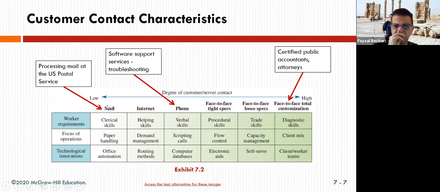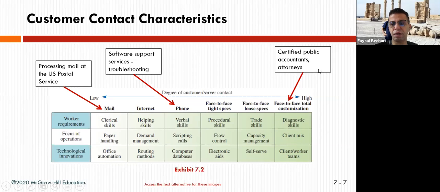Now, this is another way of looking at it. For example, processing mail at the U.S. Postal Services, it is clerical skills, paper handling, and office automation. But then you got the phone, where you need the software support service, troubleshooting, because on the phone there are verbal skills, scripting, and computer database.